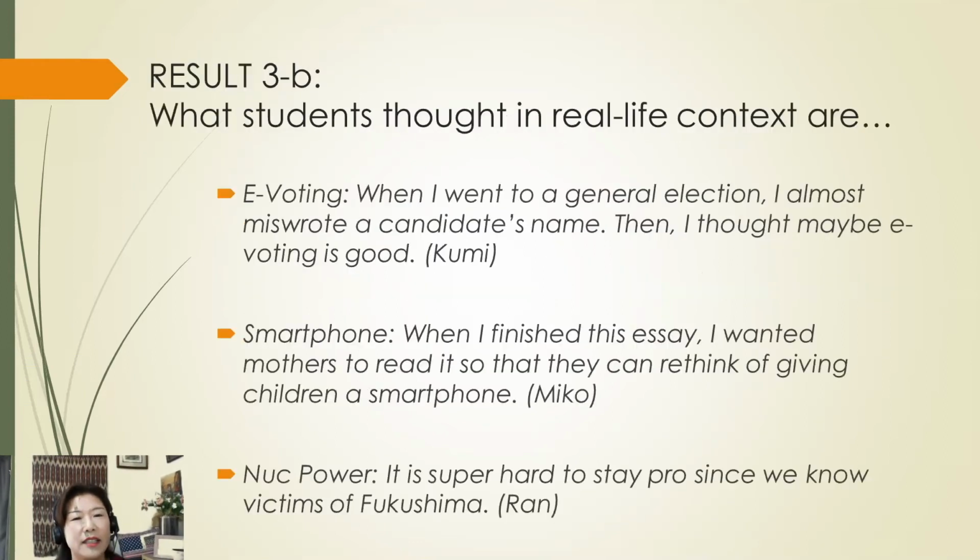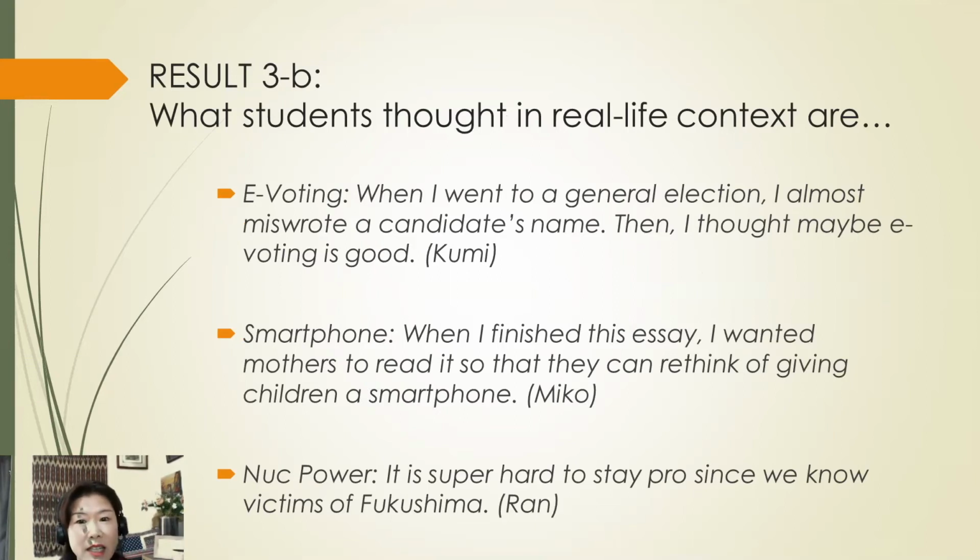In addition, regarding what students thought in real life contexts, Kumi mentioned e-voting: when she went to a general election, she almost miswrote a candidate's name. And she thought, oh, maybe e-voting is good. Miko wrote about children's smartphone use.